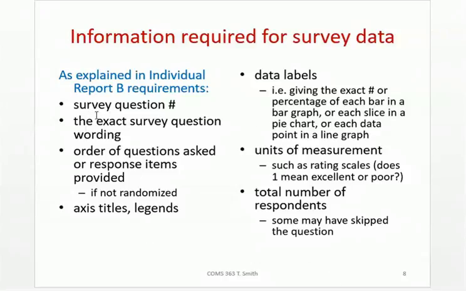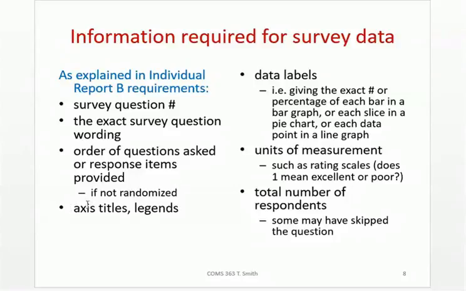The survey question number is required, and that's going to refer people to your Appendix A. But they shouldn't be forced to flip to Appendix A. You should give them the actual question number and the exact survey question wording, and give them the order of the questions asked if it's not randomized. But remember that answer items in most cases were randomized.